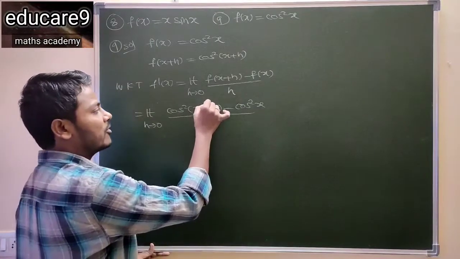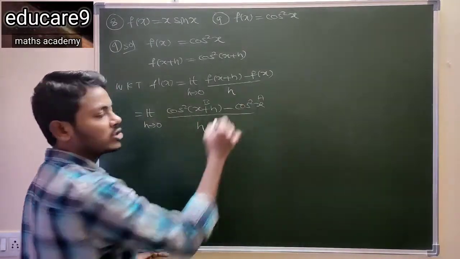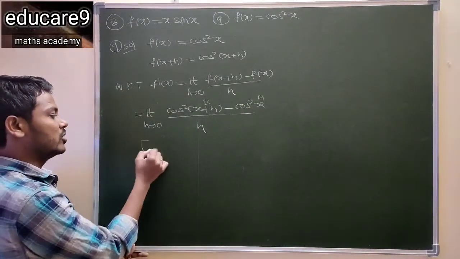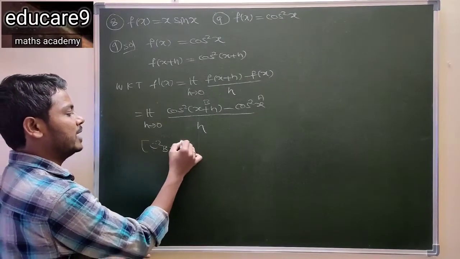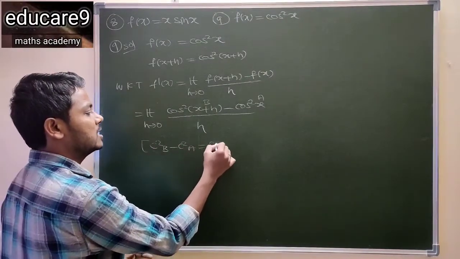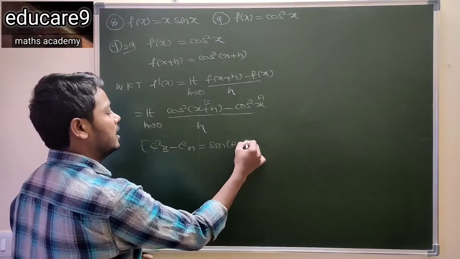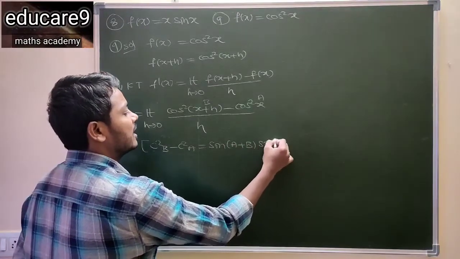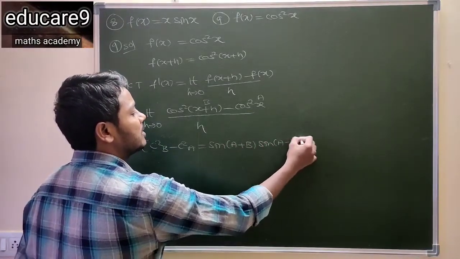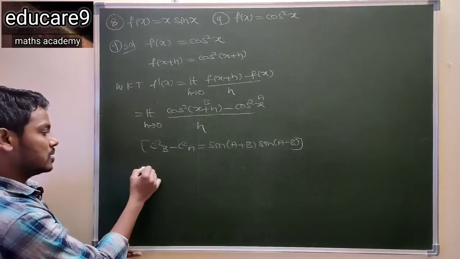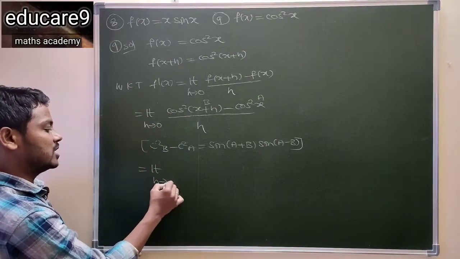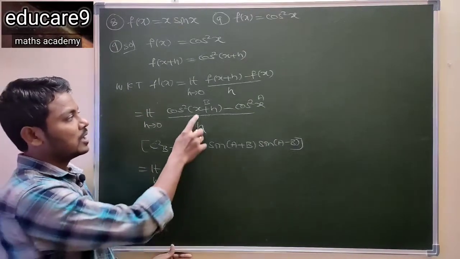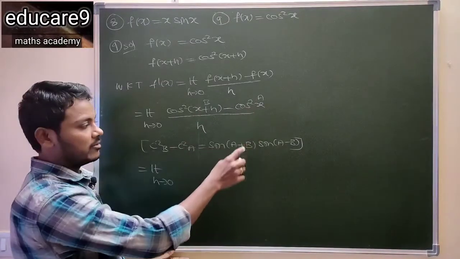So it is in the form of cos square B minus cos square A. So you know that the formula for cos square B minus cos square A is sin of (A plus B) into sin of (A minus B). What is that formula?